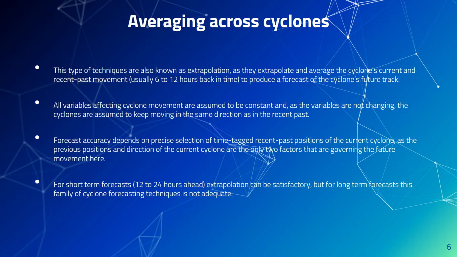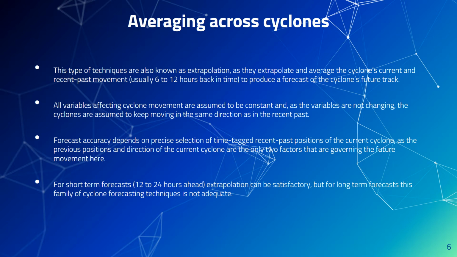All variables affecting the cyclone movement are assumed to be constant, and as the variables are not changing, the cyclones are assumed to keep moving in the same direction as in the recent past. Forecast accuracy depends on precise selection of time-tagged recent past positions of the current cyclone, as the previous positions and direction of the current cyclone are the only two factors that are governing the future movement here.